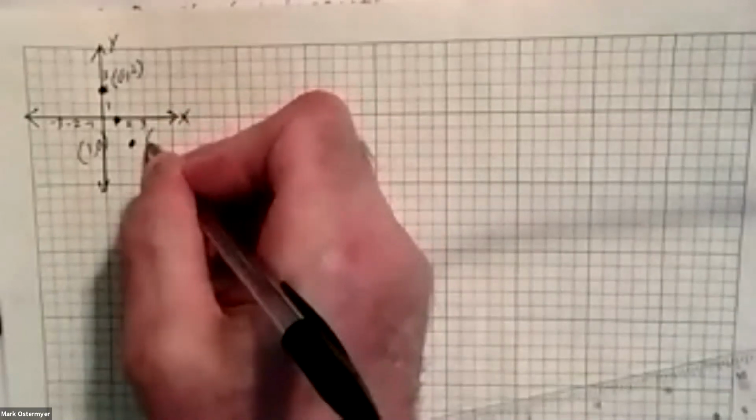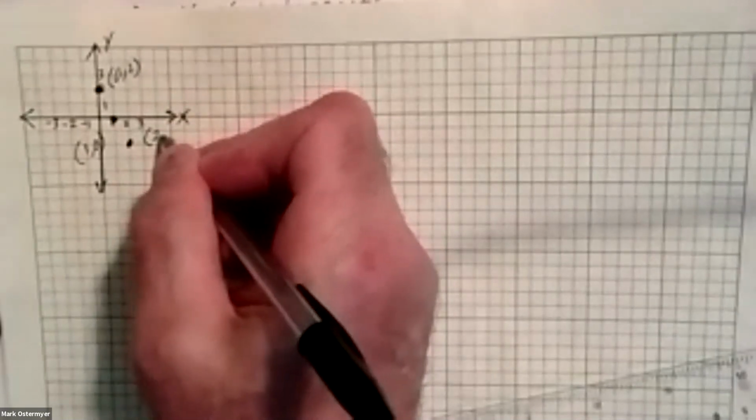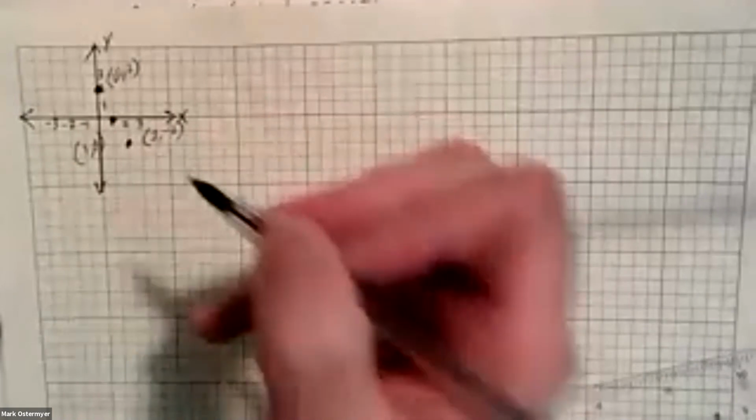Does it look like these points lie on a line? Are they collinear?